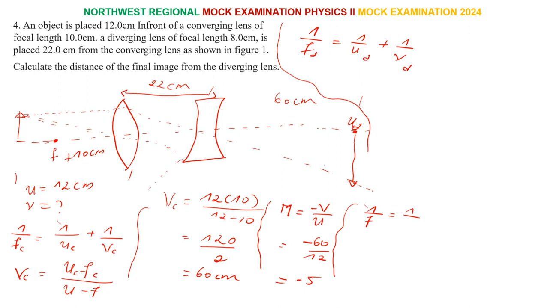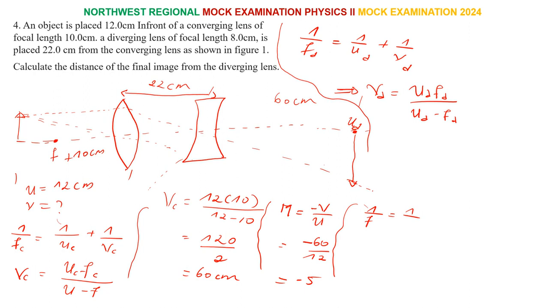So what does it imply? This means that our v_d will be equal to u_d f_d divided by u_d minus f_d.